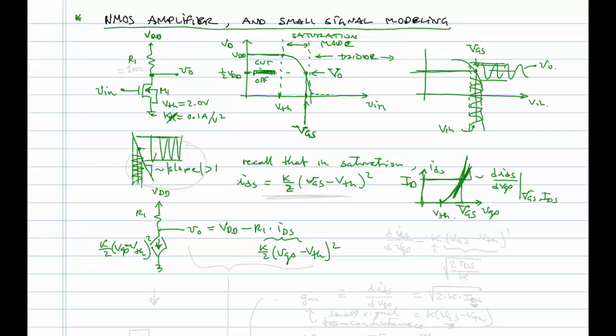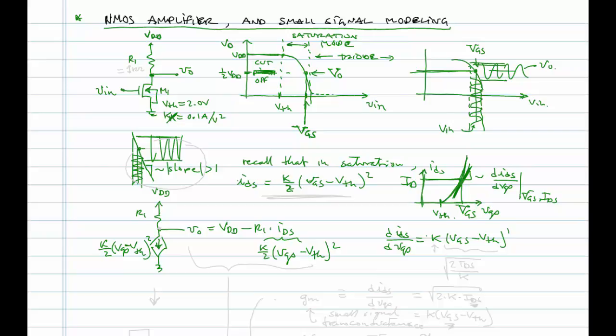So what is that? The derivative of IDS with respect to VGS is going to be K over 2 times 2, so it'll be K times (VGS minus V threshold) to the first power.